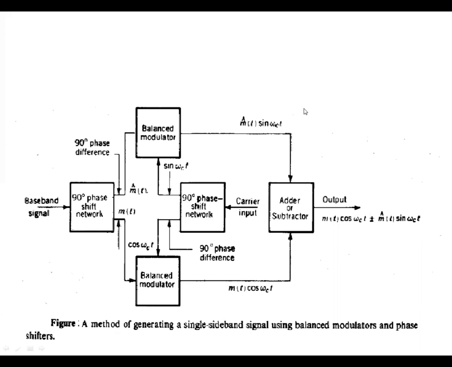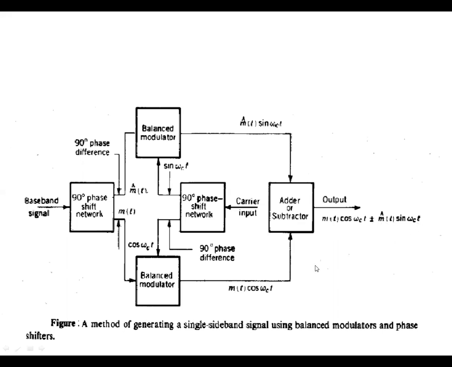If m(t) is cos omega m t, then m cap of t is sin omega m t. That means these two signals are 90 degrees phase shifted. Whenever two signals differ by 90 degrees, those signals are called orthogonal signals. So the output of the adder or subtractor is m of t cos omega ct plus or minus m cap of t sin omega ct.